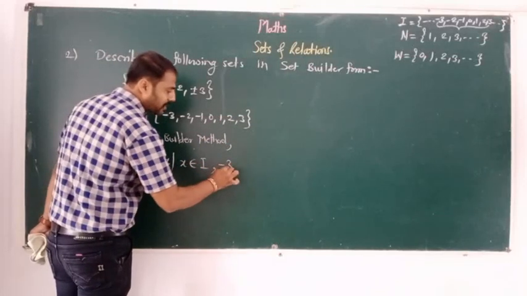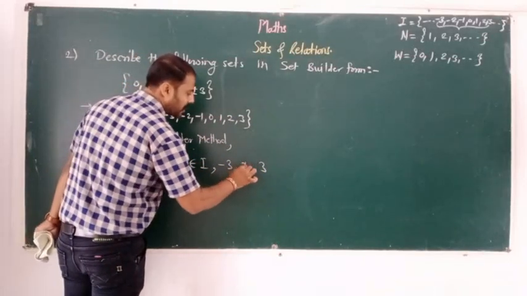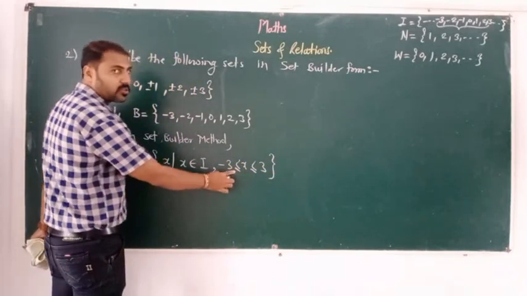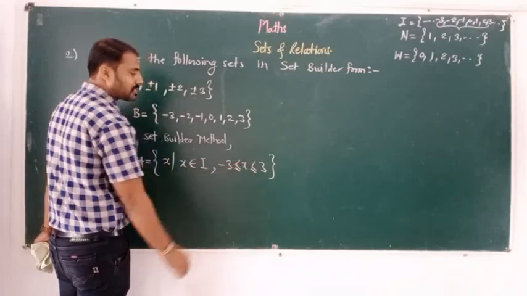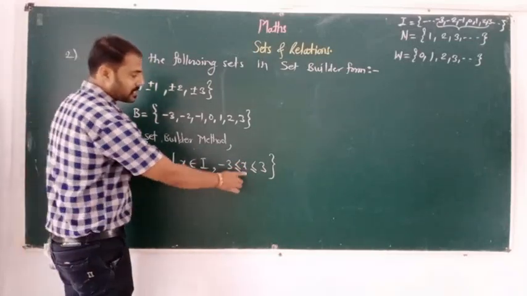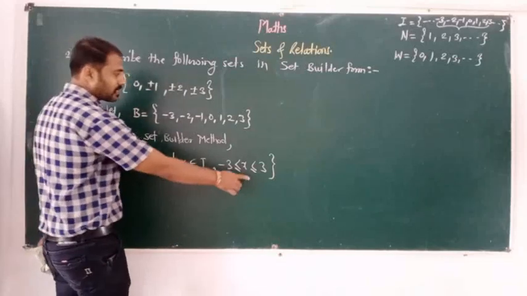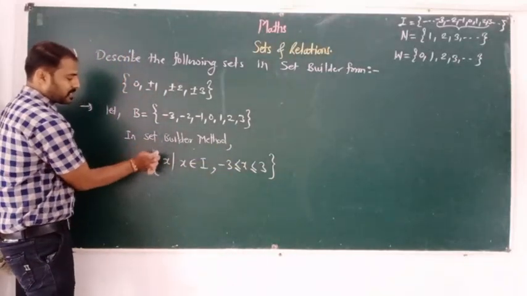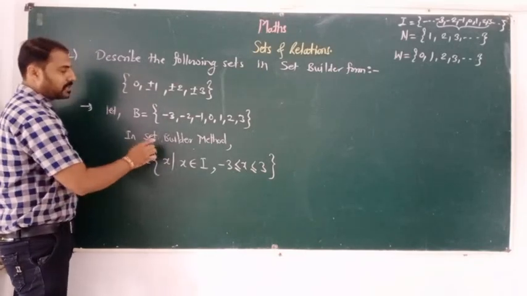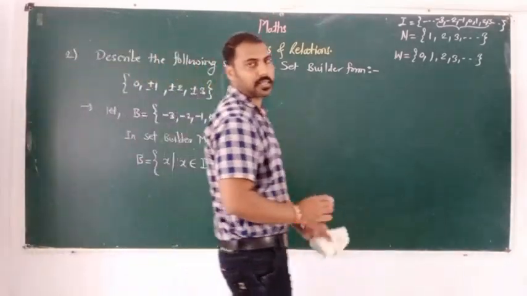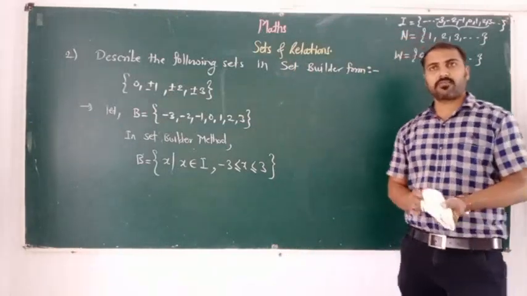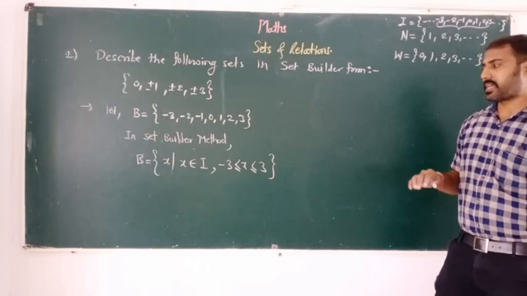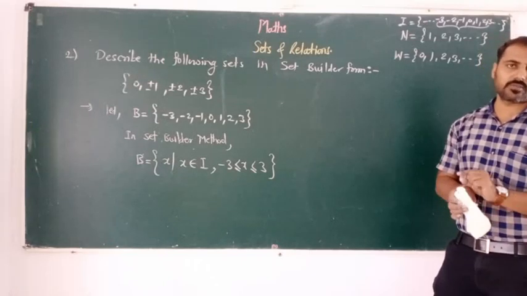X lies in between minus 3 and plus 3. Minus 3 is included, so I am writing minus 3 less than or equal to x less than or equal to 3. 3 is also included. The name of that set is B. In set builder method, the set B can be written as the set of all x such that x belongs to integers, minus 3 less than or equal to x less than or equal to 3.